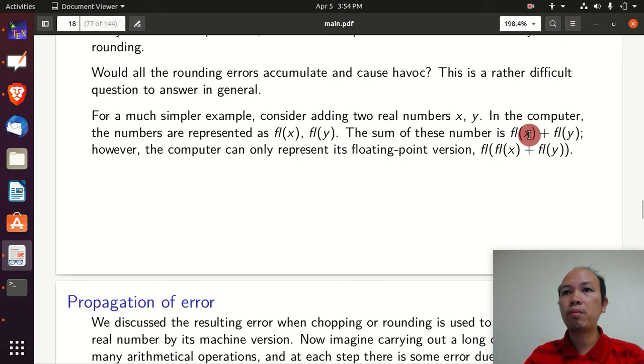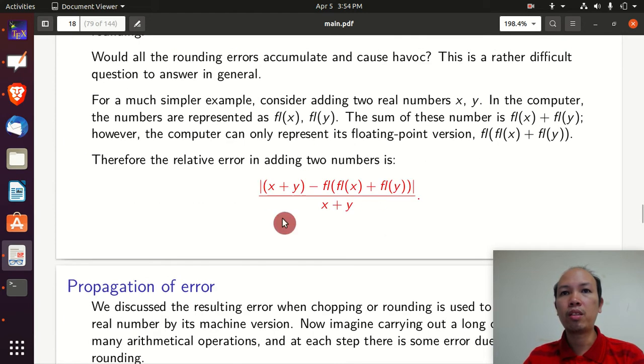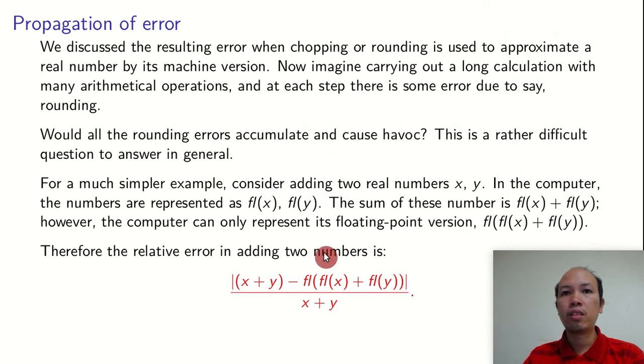If you get the sum, however, the computer can only represent its floating point version, not the exact sum. Therefore the relative error is this one. This is the relative error of getting the sum x plus y.